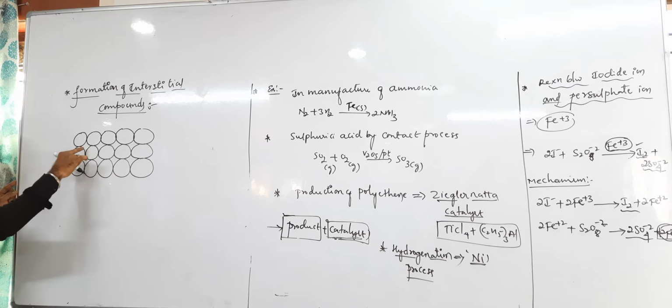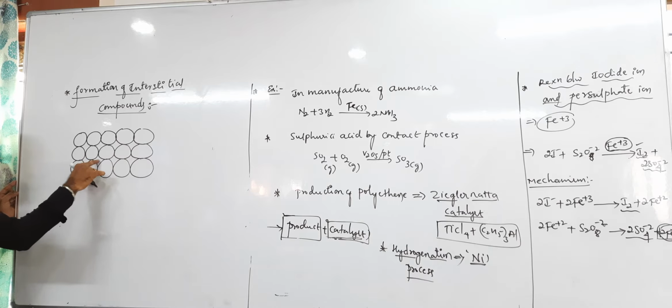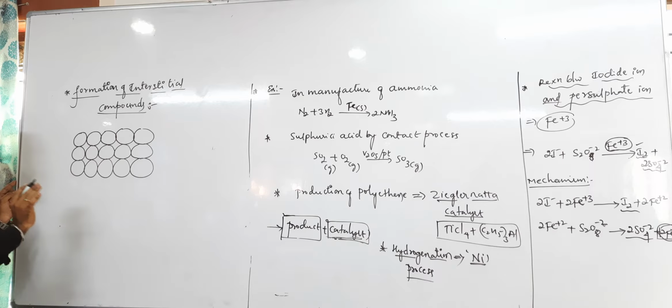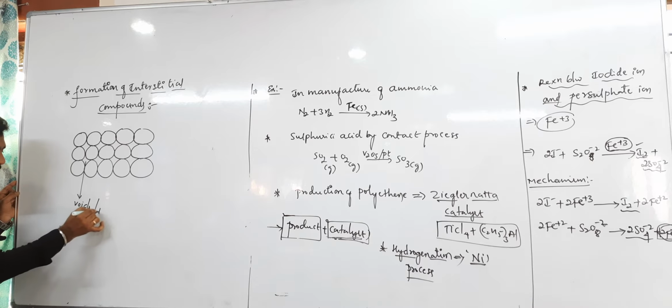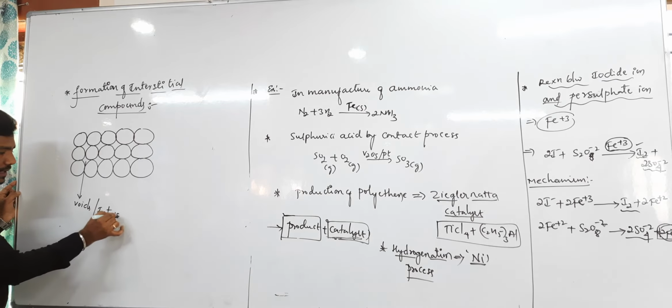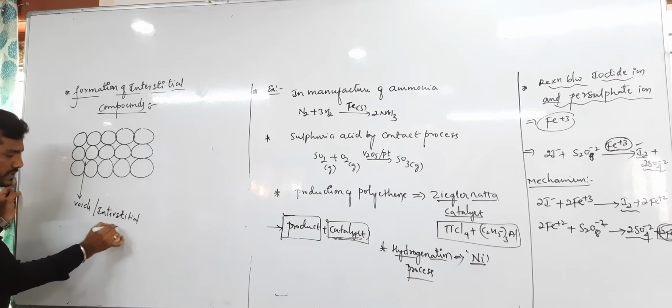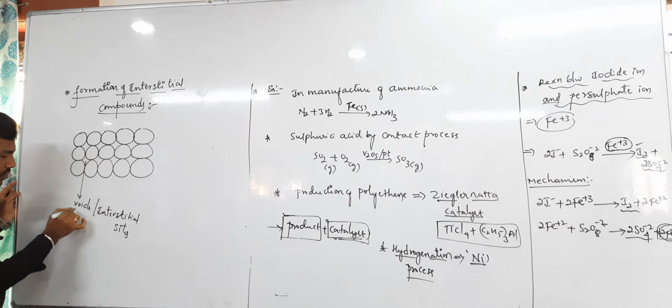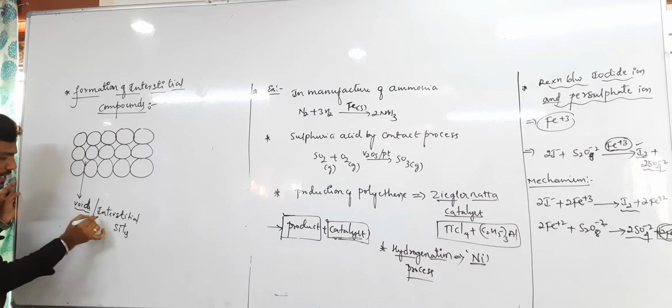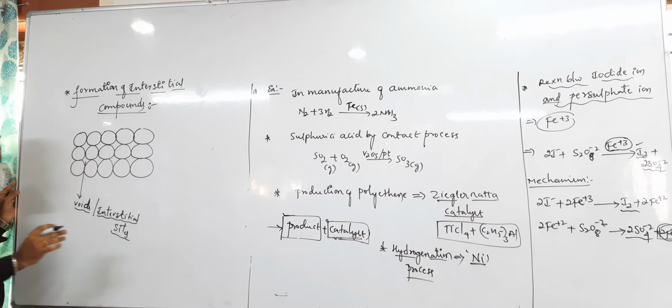Right, so here what we have are places which are nothing but voids. So this is an empty space, which we can call voids or interstitial sites. So these are voids or interstitial sites.